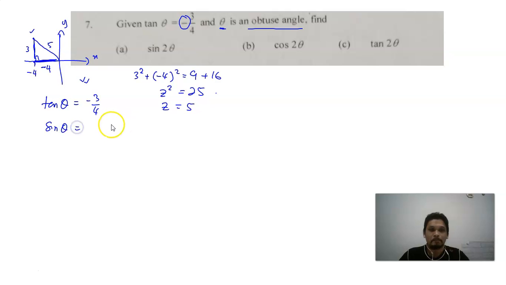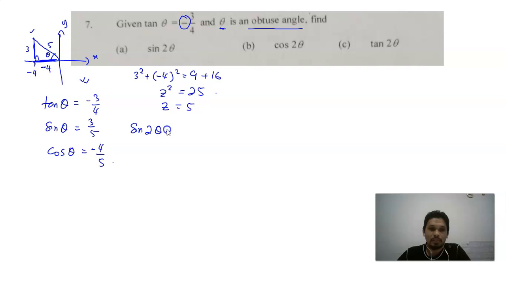Sine theta, this is the theta here right now. Sine is opposite divided by hypotenuse, which is 3 over 5. And cos theta equals adjacent divided by hypotenuse, which is negative 4 divided by 5. Now refer to the formula of sine 2 theta.